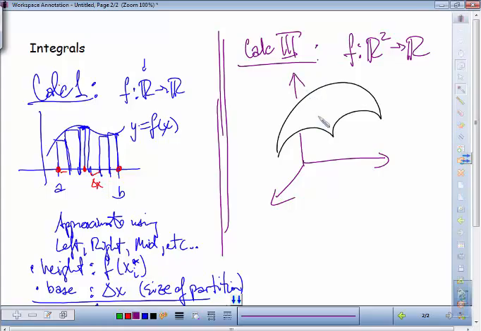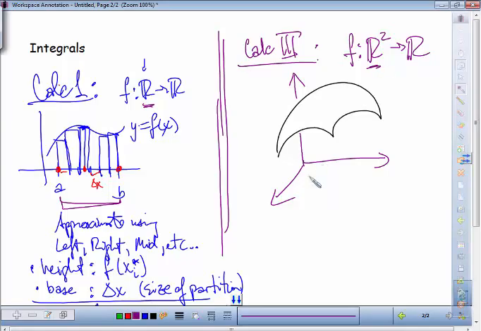Now, like in Calc 1, we had a simple interval from A to B to describe something in our domain to be the limits of integration. But now in Calc 3, since our domain is two-dimensional, what we need to do is identify a two-dimensional region. So we need to identify an area.